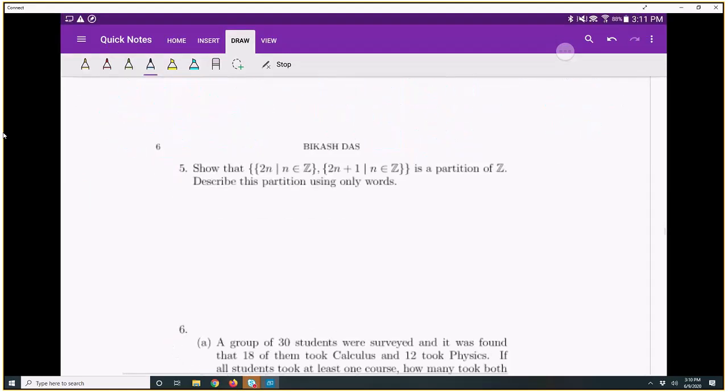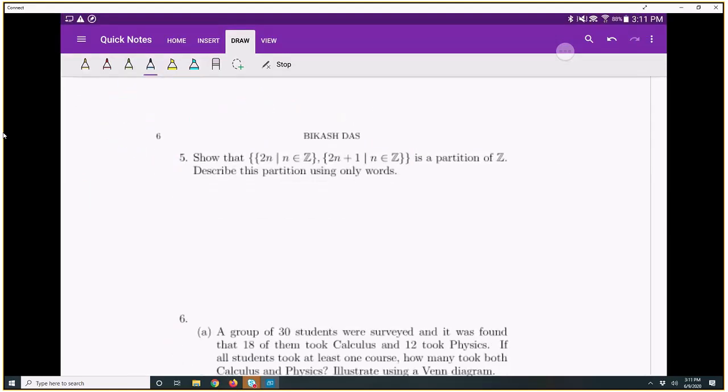Okay, next example. Show that the sets here form a partition of Z. Describe the partition using only words. So the sets are the set of all 2 times n such that n is an integer. So let's think about what that set might be.